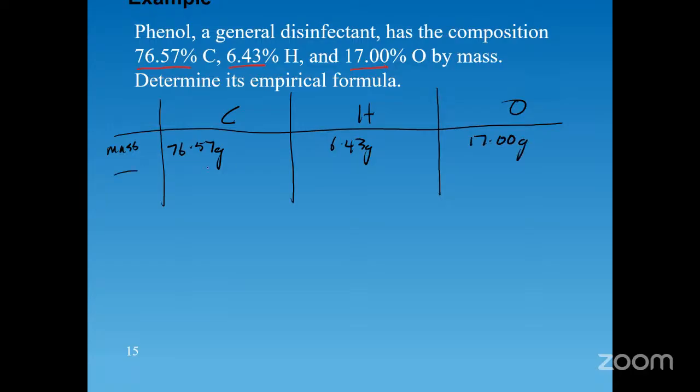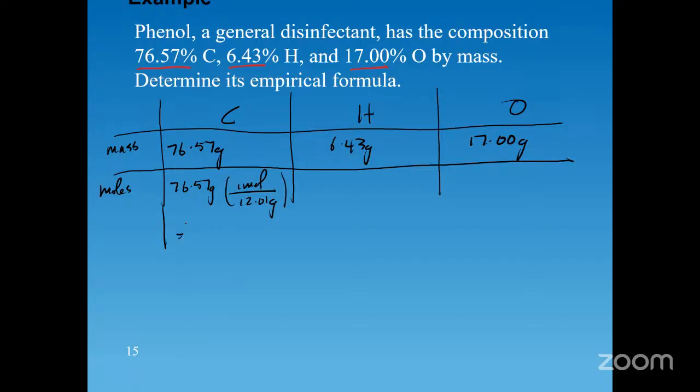The second step is where we convert each of these mass values to moles. So as I said before, to do that, we have to divide each of them by their respective molar masses. So in the case of carbon, that would be 76.57 grams. And what I would do is multiply this by 1 mole over 12.01 grams, right?